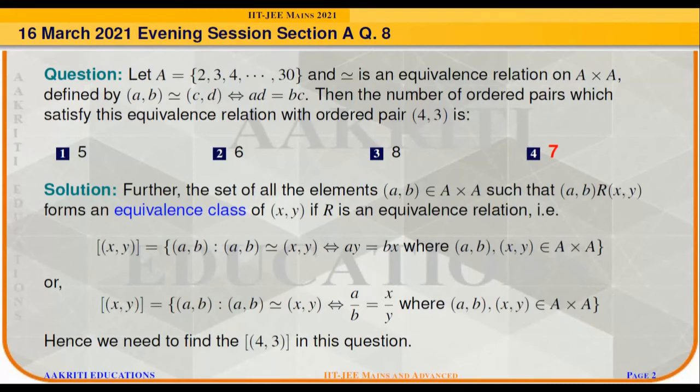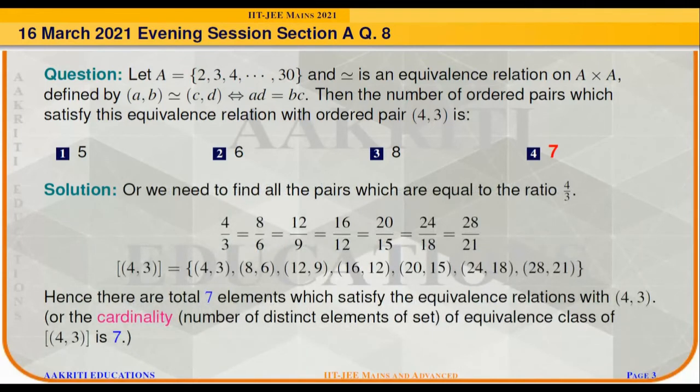Mathematically, the equivalence class of X comma Y is written as the set of all the ordered pairs A comma B such that if A comma B is equivalently related with X comma Y, then AY is equal to BX and vice versa, where both A comma B and X comma Y belong to A cross A.